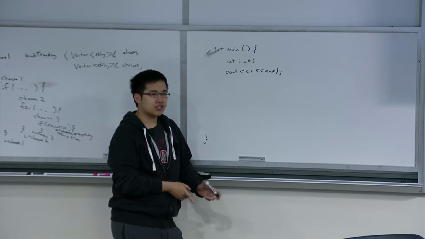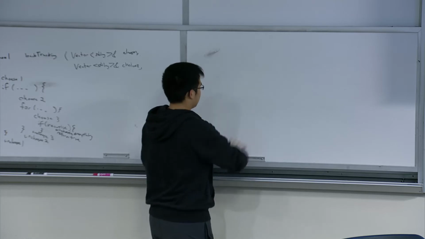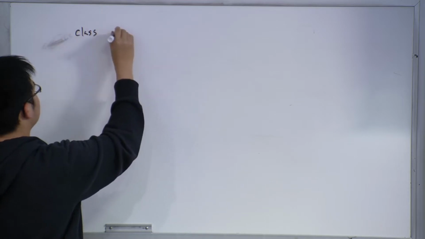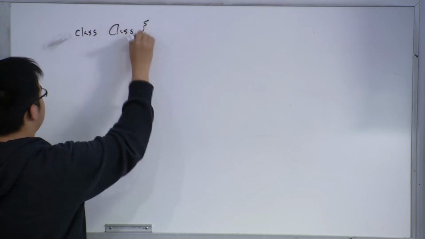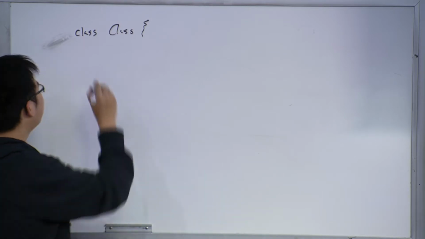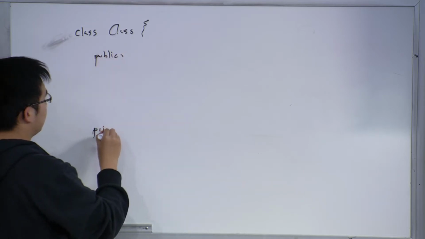In the classes question, let me write the classes example. You have two sections, a public section and a private section.